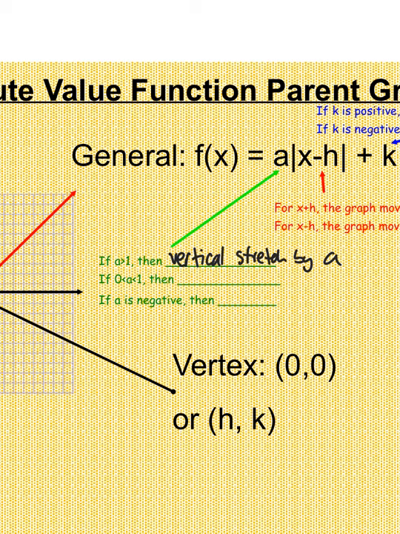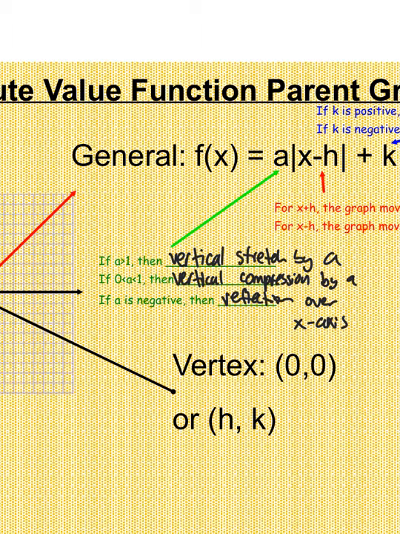If it's between 0 and 1, like we saw 1/2, then it would be a vertical compression. Sometimes you'll hear it called a shrink, so that could also be used by a. And then if a is negative, it's a reflection over the x-axis.